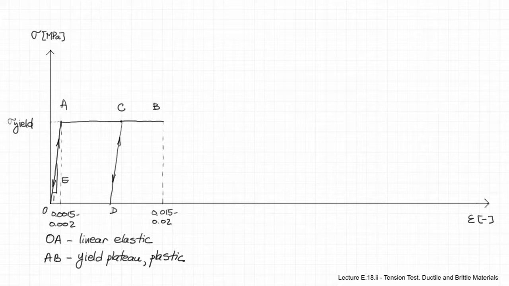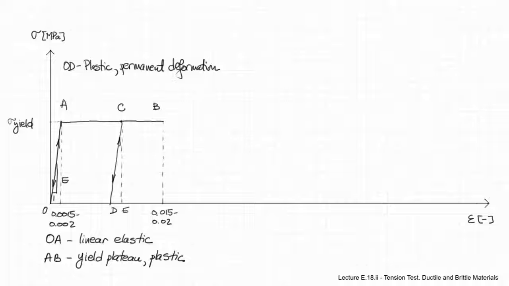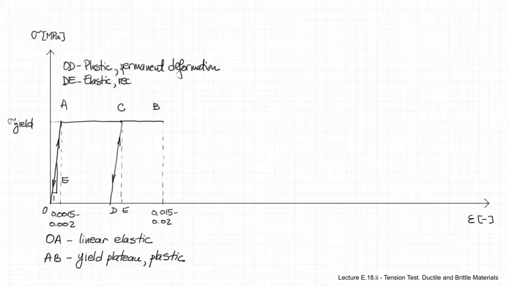Now, if between A and B we unload the specimen, say from point C, the unloading will also be linear, and you can see that we will recover a little deformation between D and E, which is the elastic component of the deformation. However, we will end up with a permanent deformation between O and D, which will never be recovered.